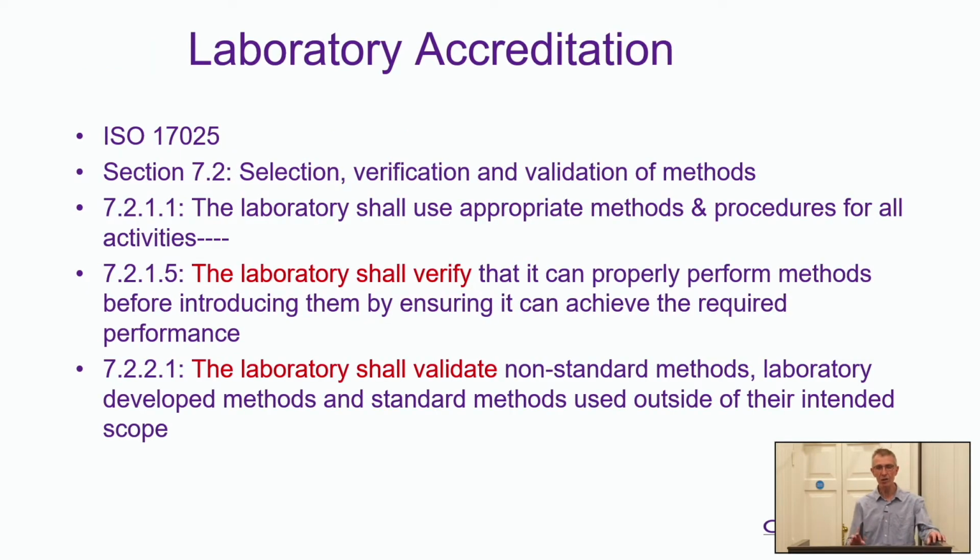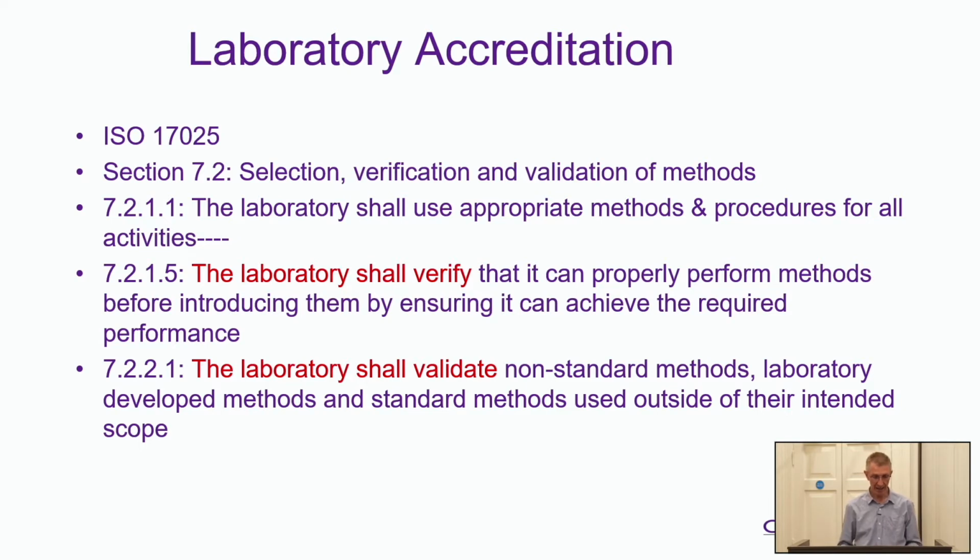Now, if we look at laboratory accreditation, if we look at ISO 17025, quality system in laboratories, and we look at what it says about validation and verification, in section 7.2, on this slide, it says you've got to select, verify and validate methods. So it tells you you've got to validate and verify the methods that you use. And then it goes on to say that laboratories shall use appropriate methods and procedures for all activities.